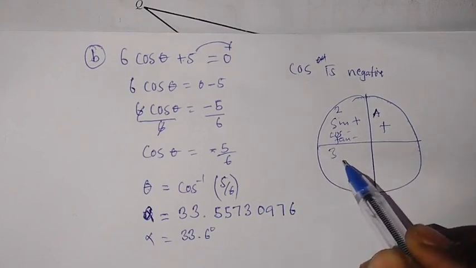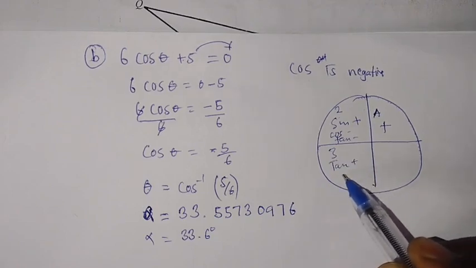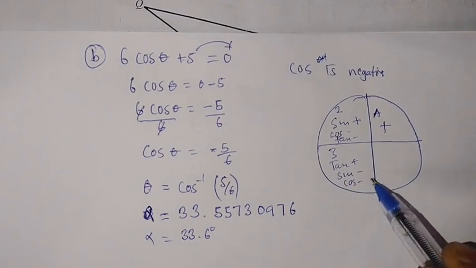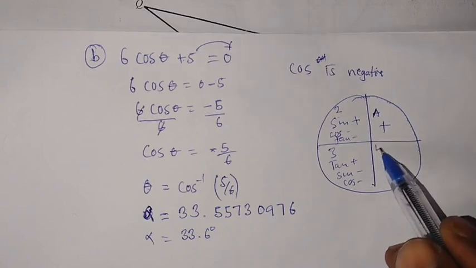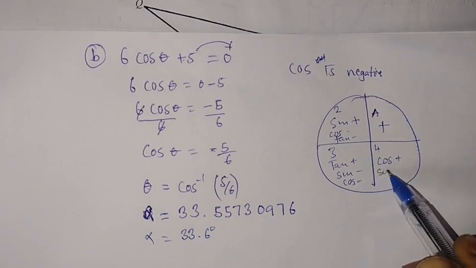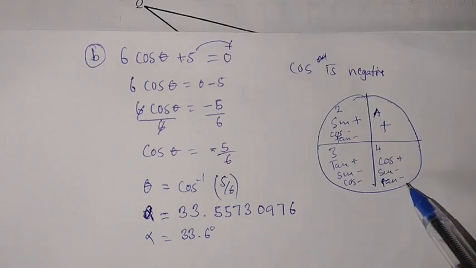In the third quadrant, it's only tan that is positive; sine is negative and cos is negative. And in the fourth quadrant, it's only cos that is positive, meaning that sine is negative and tan is also negative.